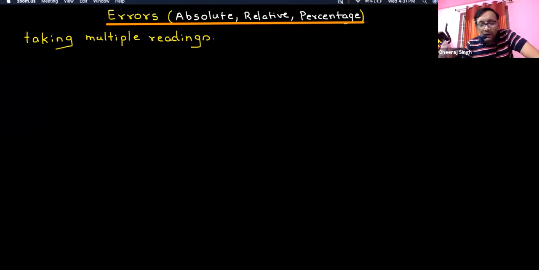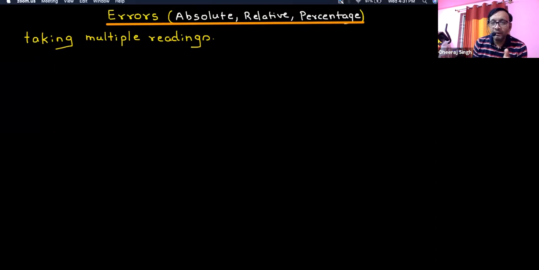Okay, so the assumption is that you have followed all the steps of conducting the experiment. If you have followed all the steps, then what can be assumed here is that systematic error is gone. There is no systematic error. Fine. What remains is random error.